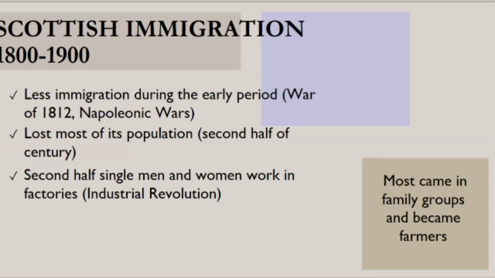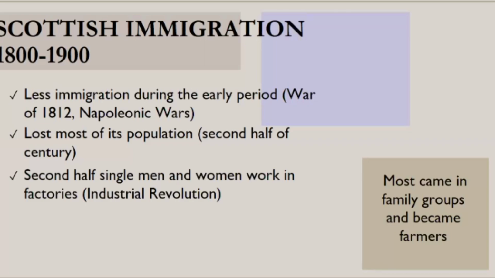Now, if we talk about the 1800s and 1900s, we've got a lot of European battles going on at the beginning of this time period. Napoleon, the War of 1812. So there wasn't a whole lot of immigration happening during this time period. But in the second half of the time period, Scotland lost a lot of its population.